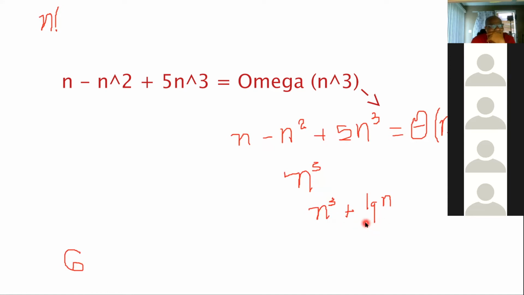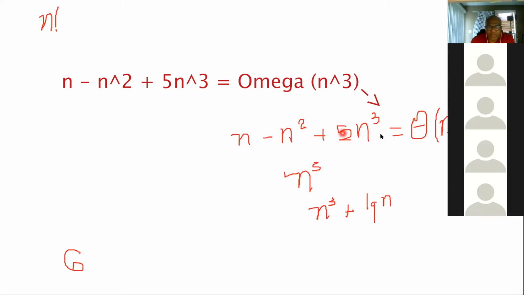Sir, question. You're grouping them all together, but wouldn't one be running better than the other, since there are more things in the algorithm? No, as the size of n increases, as n tends to infinity, these terms are minuscule compared to this.